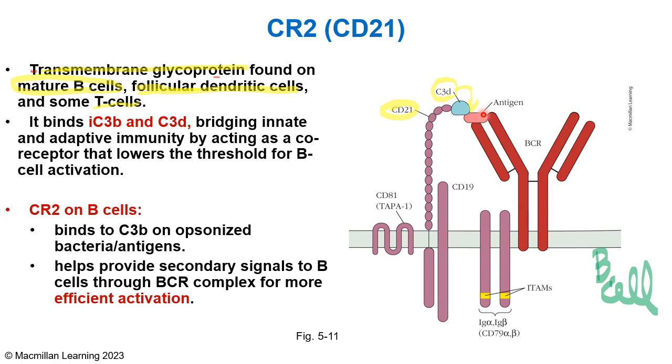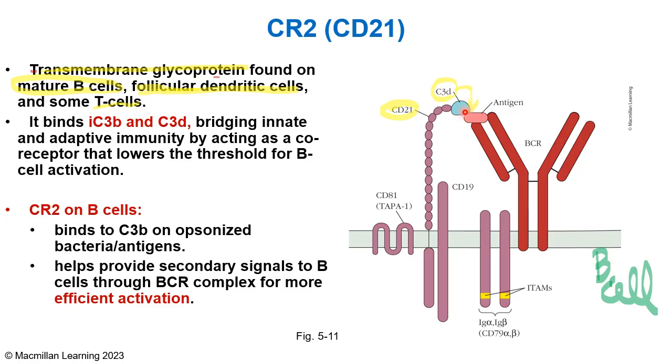So what's going to happen here? If you have only the B cell receptor binding to antigen, then you're not going to really get a response, or you're not going to get the B cell to do the things it's supposed to do. Okay, so only one binding of antigen is not enough to activate your B cell.